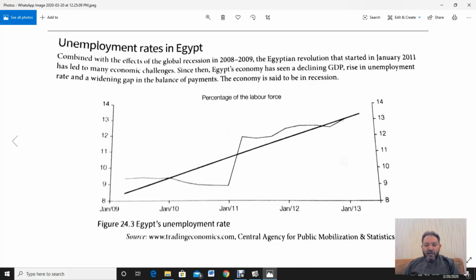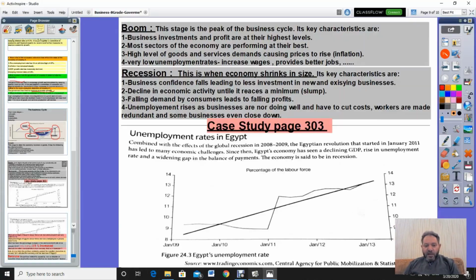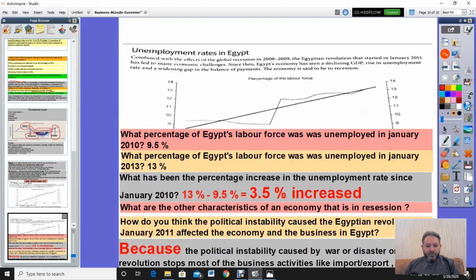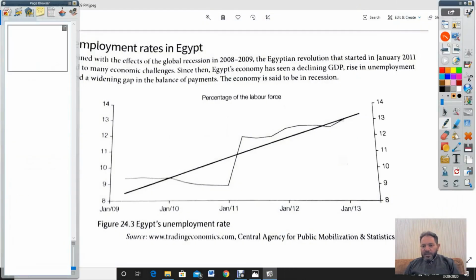Let's read the questions here. The first question is, what percentage of Egypt's labor force was unemployed in January 2010? Let's come here. In January 2010, this is the point we are going to measure.